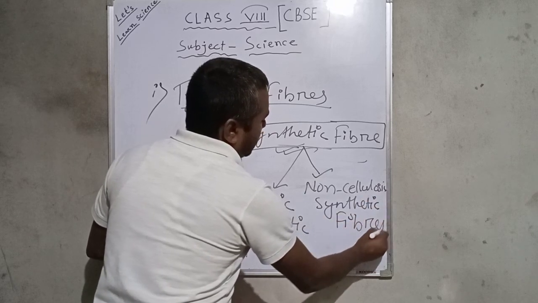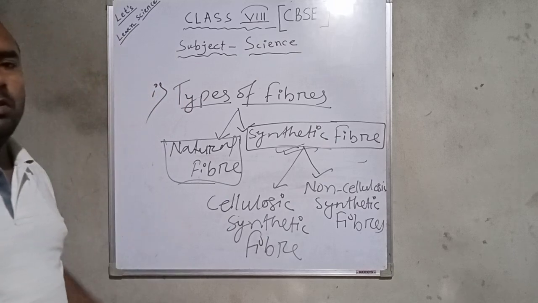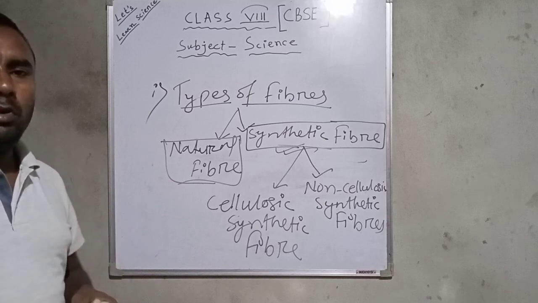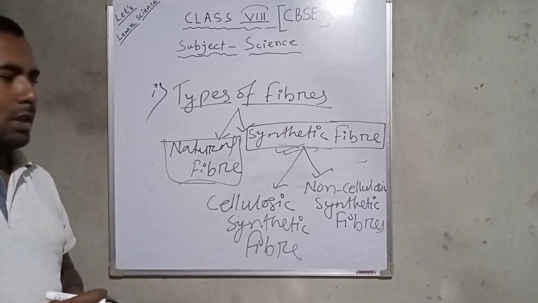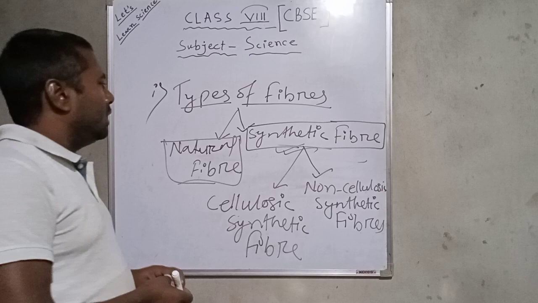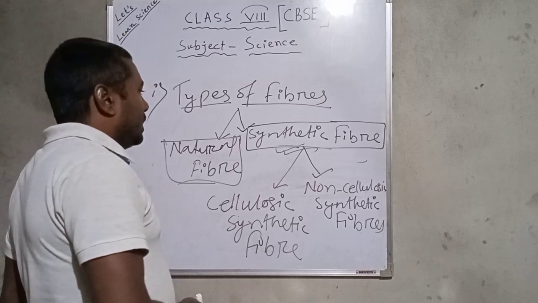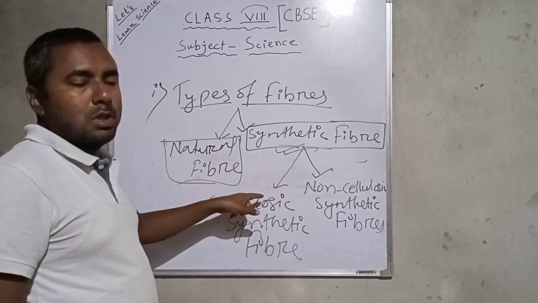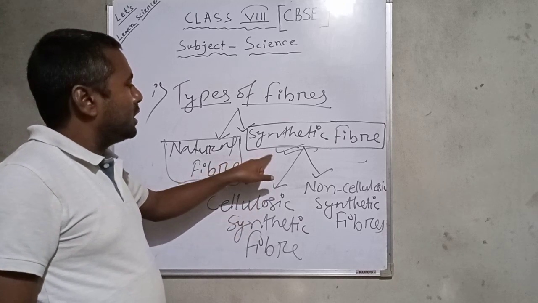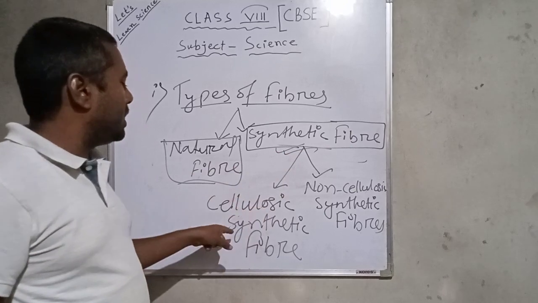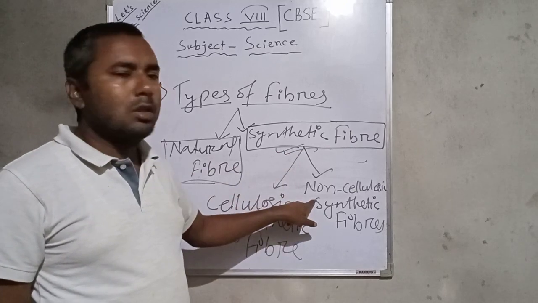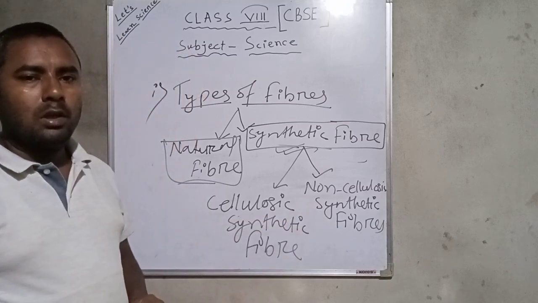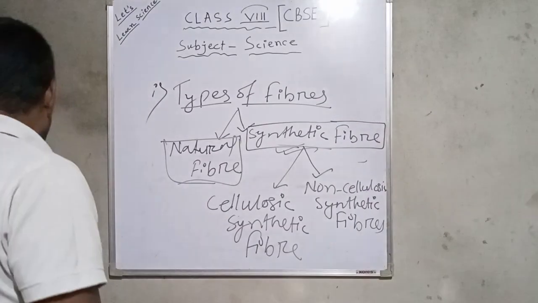Earlier you got only about what synthetic fiber is and some examples in your earlier class. But here you will come to know about synthetic fibers and their types in detail. Synthetic fibers are of two types: one is cellulosic synthetic fiber, another one is non-cellulosic synthetic fiber.